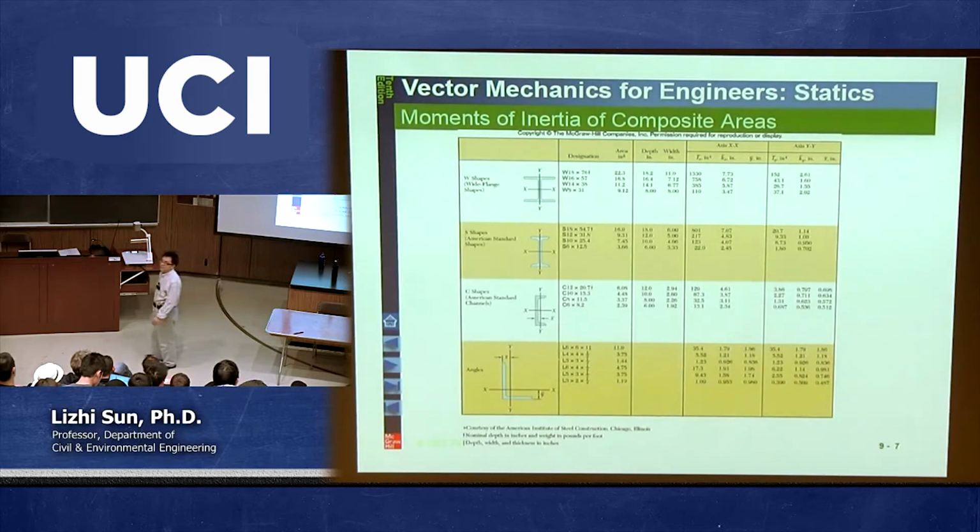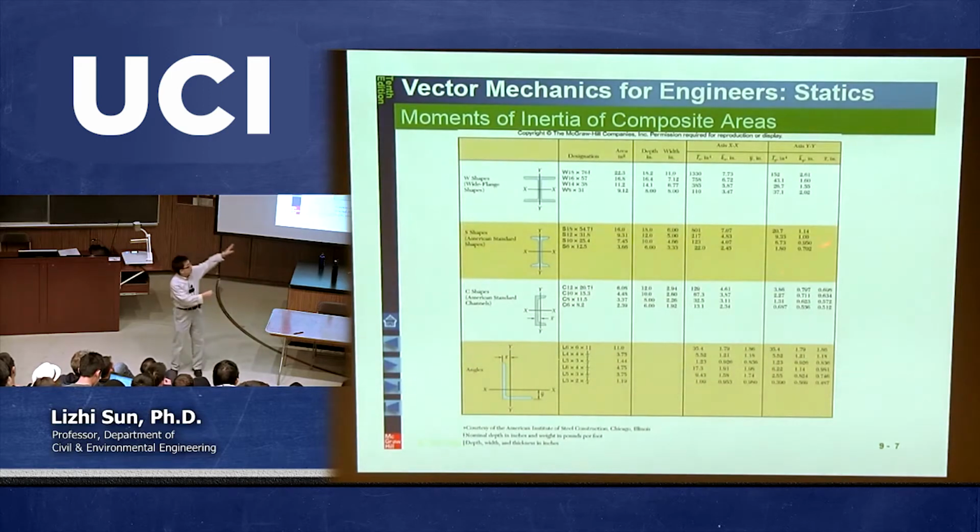Then the simple question is, are we going to have some kind of question in the final asking you to do something like this, the combination? Well, think about it. I can define a certain section, like S10 by 25 or W8 by 31, and give you that chart. Then you still need to do it.